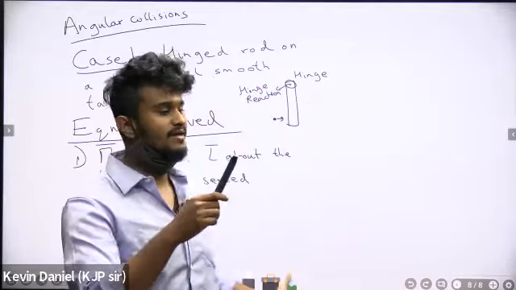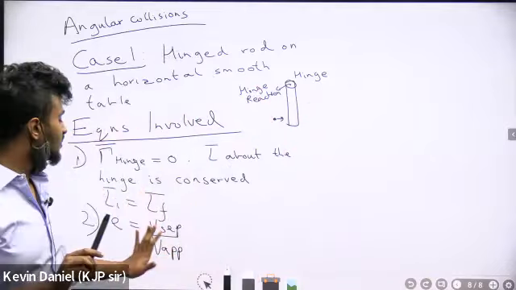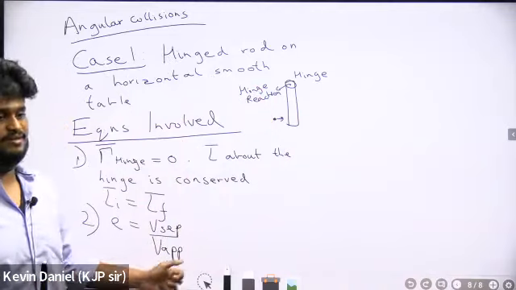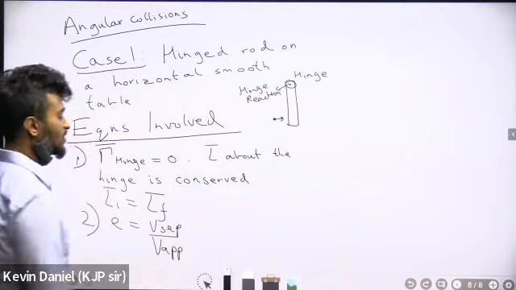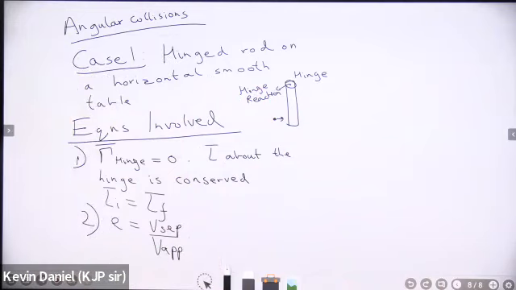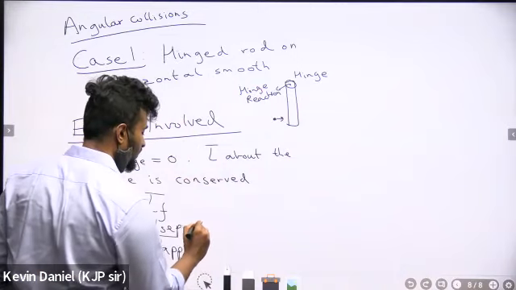Please understand and remember that this equation does not talk about the center of mass. This equation is defined for the points of contact. So here the velocities involved are the velocities of the colliding points.